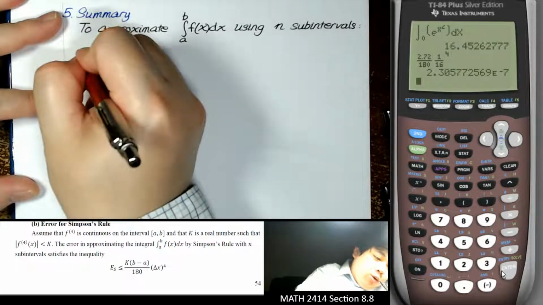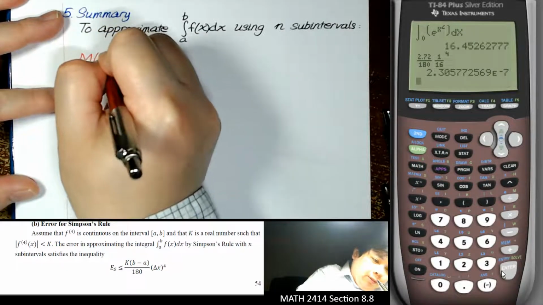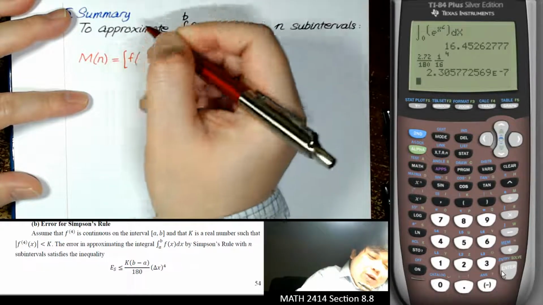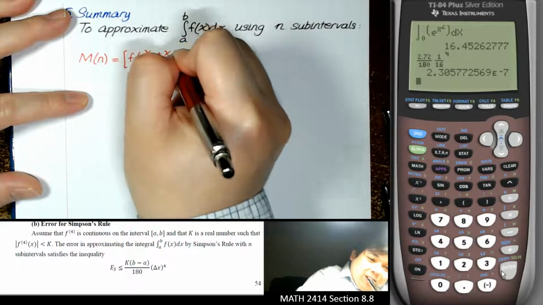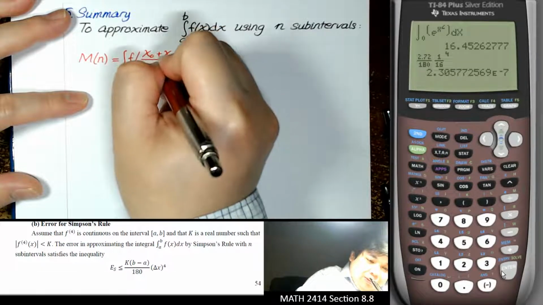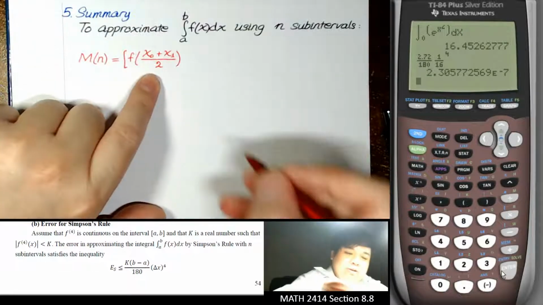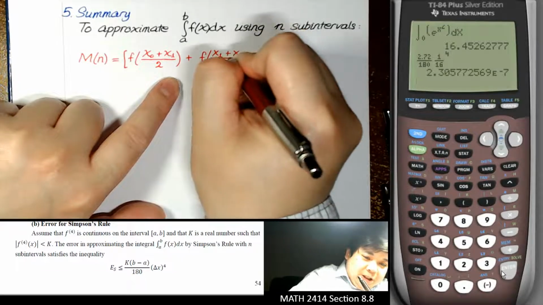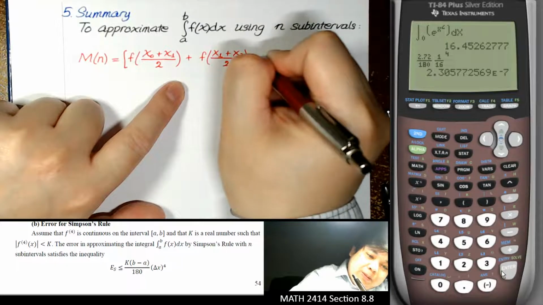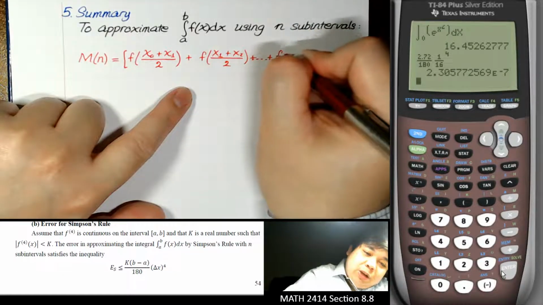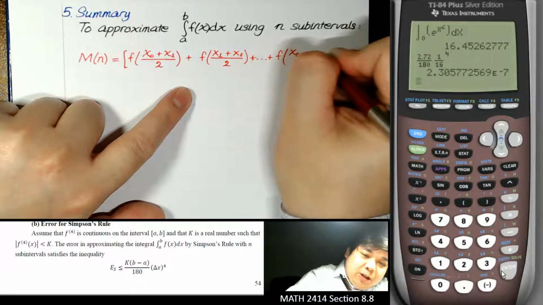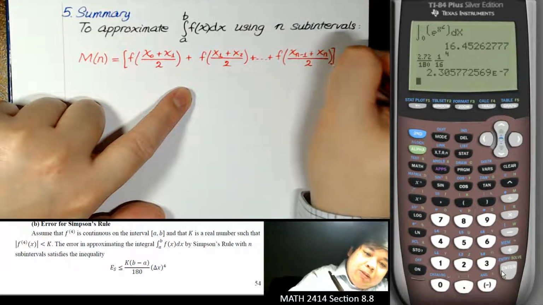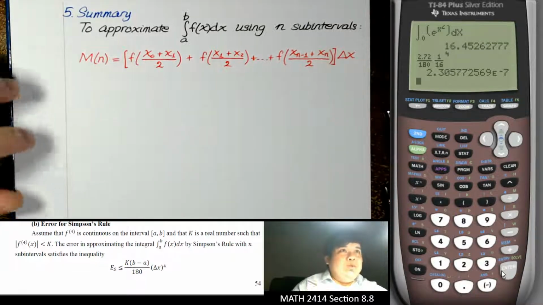Right, the midpoint rule. Right, so we use the midpoint, the average of x0 and x1, and then the average of x1 and x2, on the way to x n minus 1 plus x n, divided by 2, times delta x. Right, should be that.